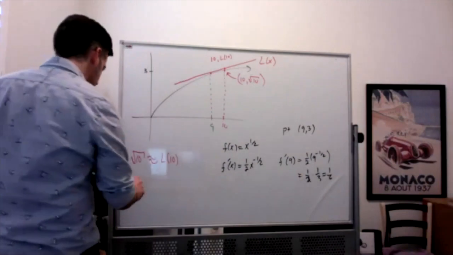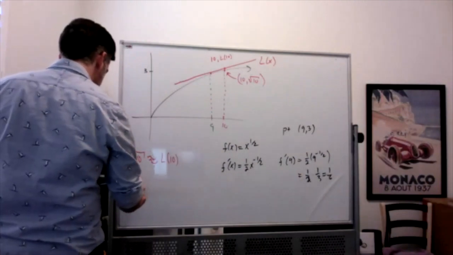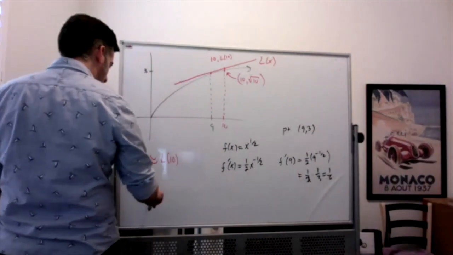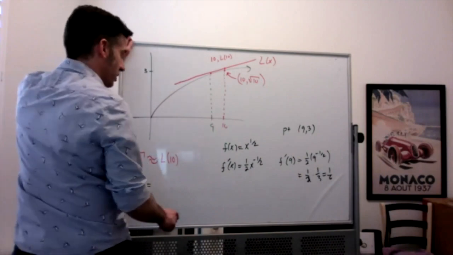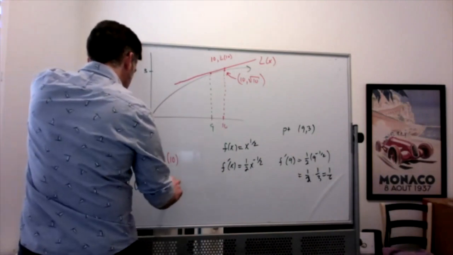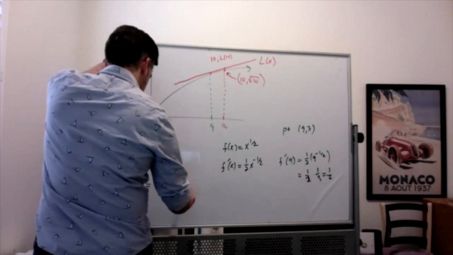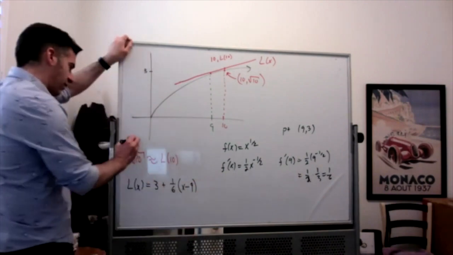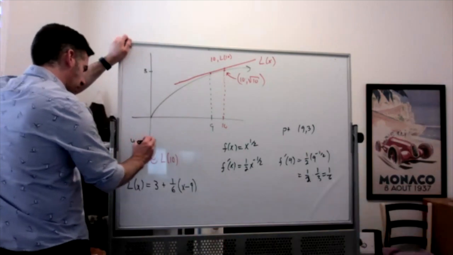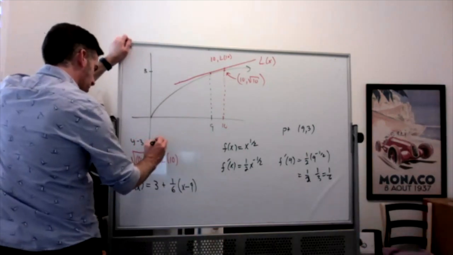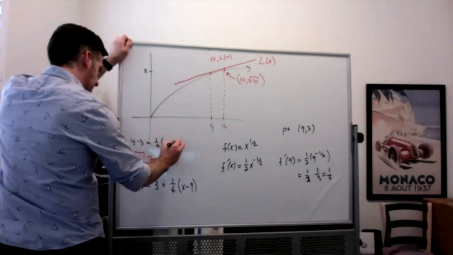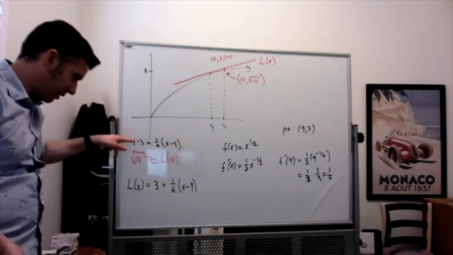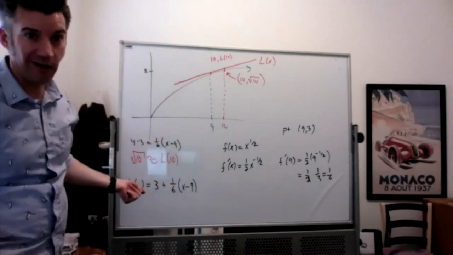So our linearization is our y value, our f of a, which is 3, plus our slope times x minus our x value, which is 9. Or again, if you prefer, it's y minus 3 equals your slope times x minus 9. We're just bringing the 3 over and then calling y L of x.